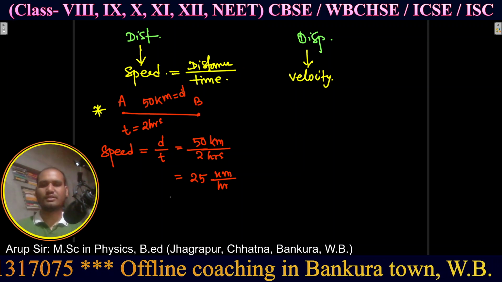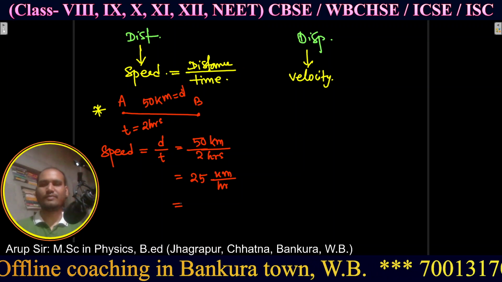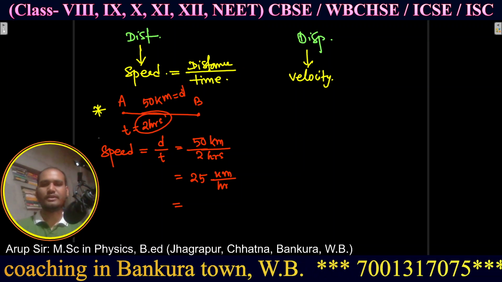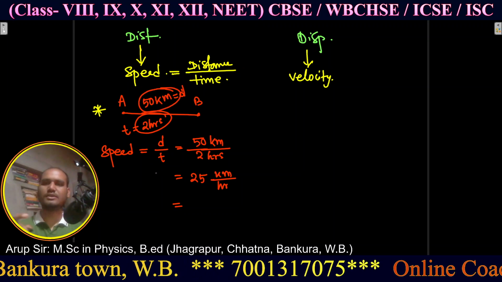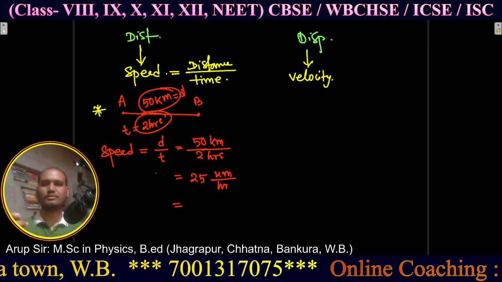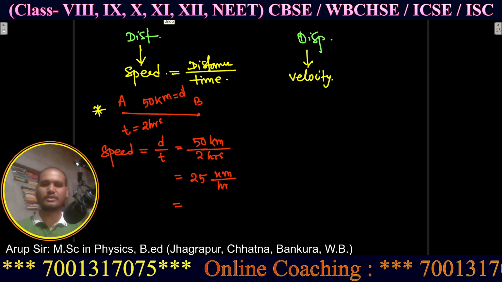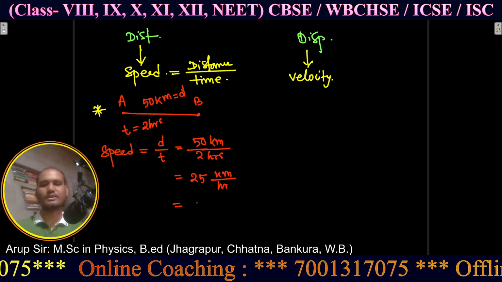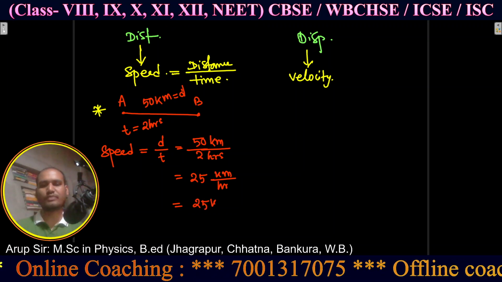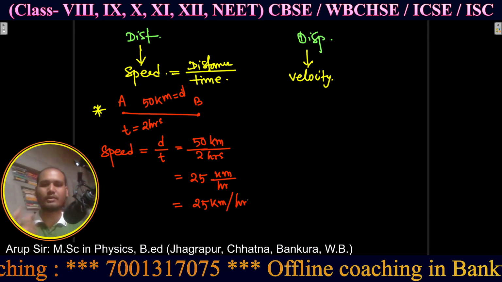Okay, so likewise in 1 hour it can actually move 25 kilometer, right? If in 2 hours it is moving 50 kilometer, then by unitary method in 1 hour how much will it move? 25 kilometer. In 2 hours it is 50, so in 1 hour 25. So in 1 hour 25 kilometer it is moving, so we can write it down as 25 kilometer per hour. Means in 1 hour, per hour means what?